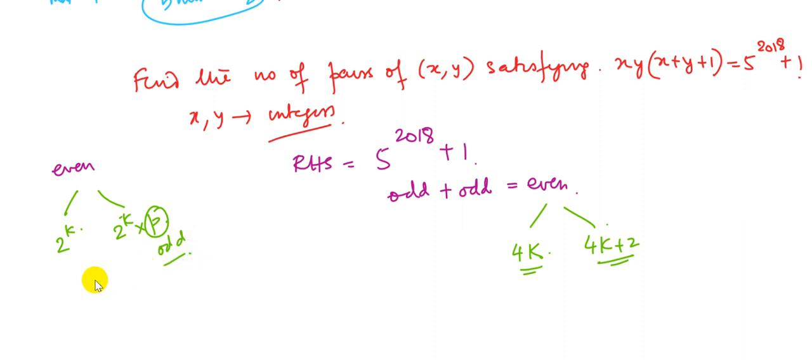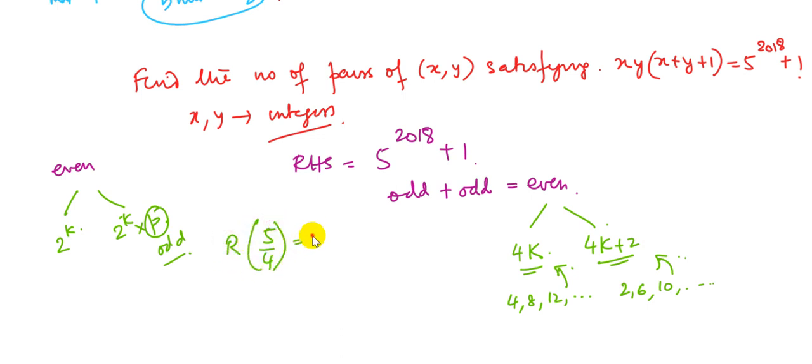Okay. Now let's take an example. If I use this categorization, 4, 8, 12, etc. will fall into this category, and 2, 6, 10, etc. will fall into this category. Correct? Now the remainder of 5 divided by 4 is 1. So the remainder of 5 to the power 2018 by 4 will be 1 to the power 2018, which is 1.